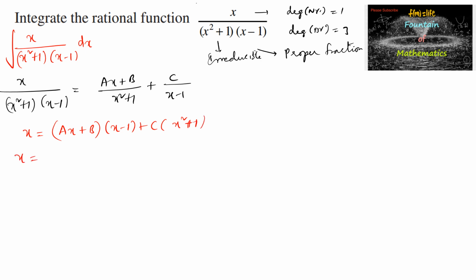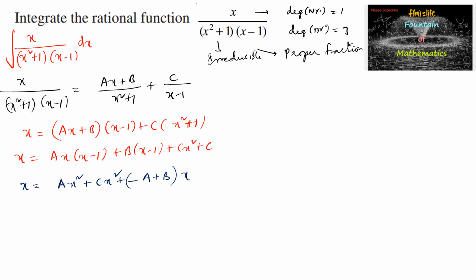So x is equal to ax of (x minus 1) plus b times (x minus 1) plus cx square plus c, or x is equal to ax square plus cx square plus (minus a plus b) of x, and again the constant is c minus b.